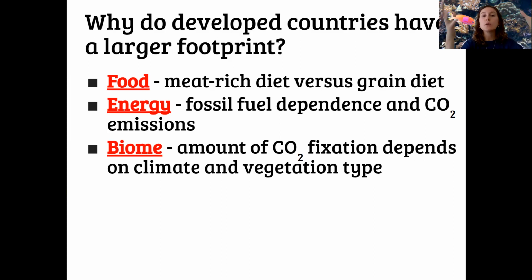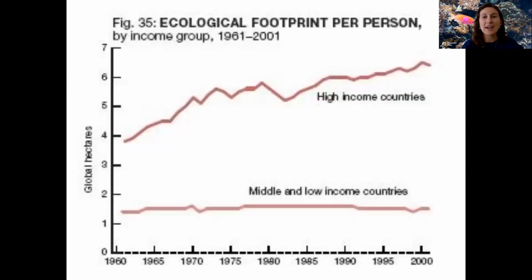They're better able to absorb and take up that waste product, which is part of that ecological footprint. In the US, we have a lot of developed land, lots of structures, buildings, streets, roads, and less vegetation in some areas, which means we have less ability to absorb that CO2. Okay, we're almost done, guys.